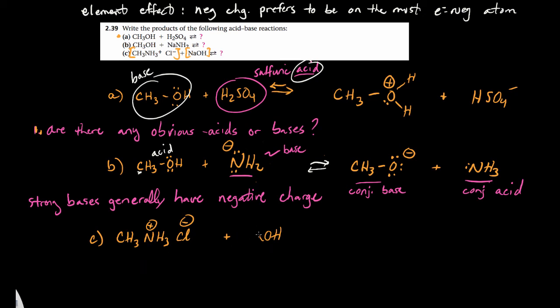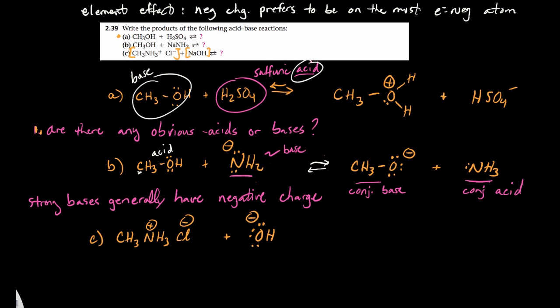And again, I prefer just to focus on the chemistry at hand and not get the spectator ions involved. And NaOH is this, right? Essentially, from the standpoint of what's taking place, we have an OH minus. So again, we ask ourselves whether there are any obvious bases or acids.